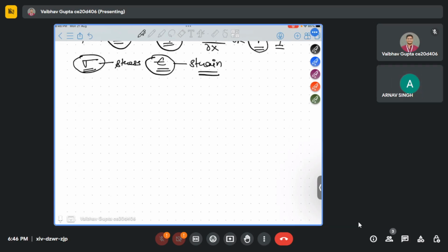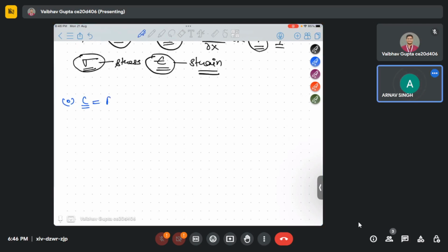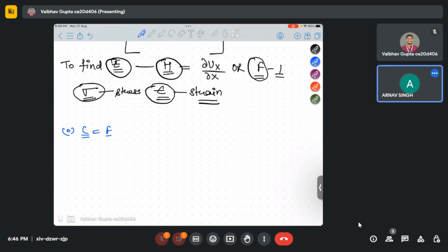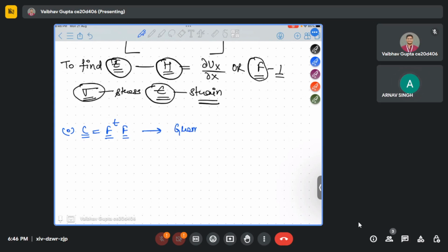Now I have told you about the C matrix also. C is nothing but F transpose F. This is called the Green deformation tensor, a second order tensor.